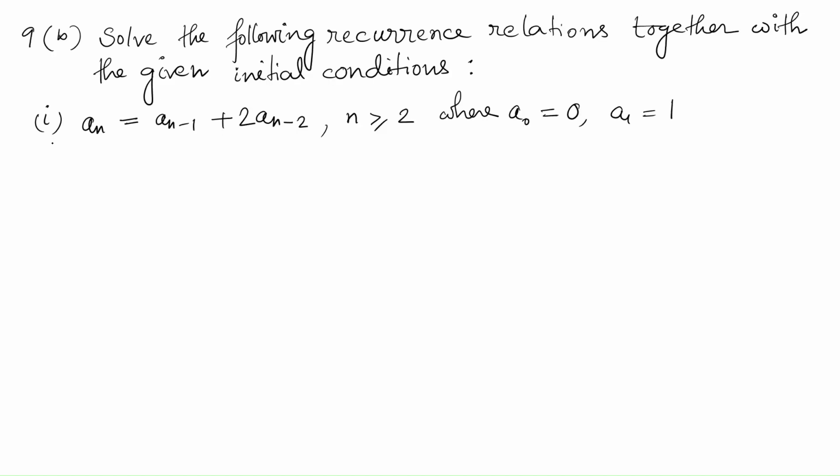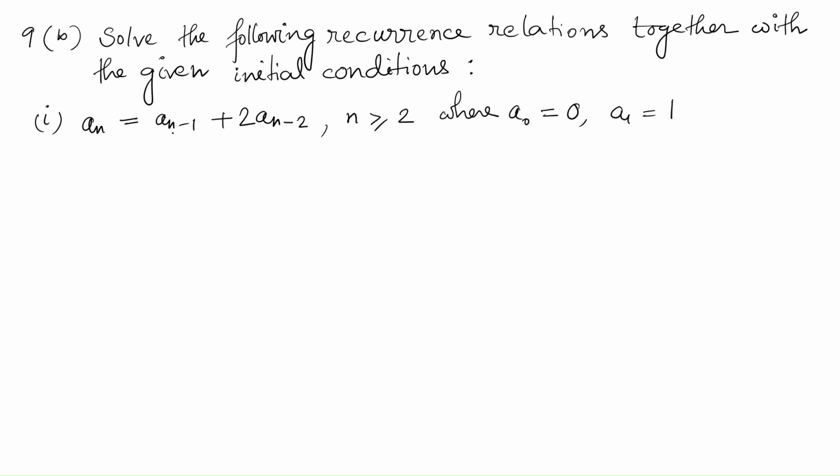Question 9b1. Solve the following recurrence relations together with the given initial conditions. a n equals a n minus 1 plus 2 a n minus 2, n greater than or equal to 2, where a0 equals 0, a1 equals 1.